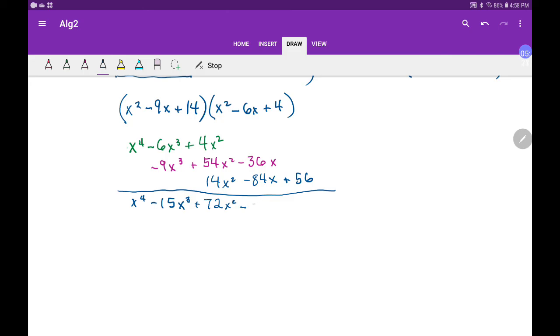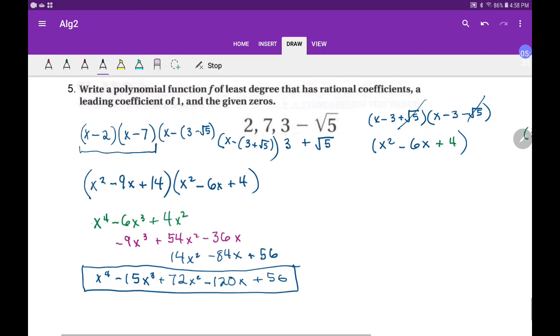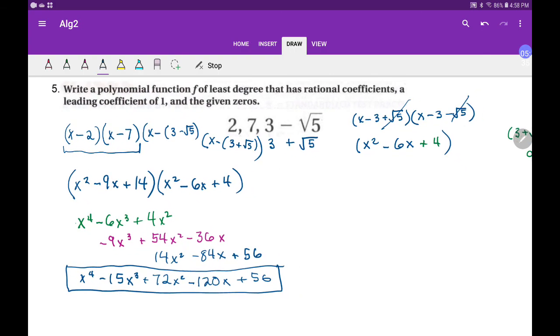Minus 120x plus 56. Okay, so I add them all up, and that's my polynomial, a fourth degree. All my coefficients are rational. No strange business going on. A leading coefficient of 1, and it does have those given zeros, 2 rational and 2 irrational, and no imaginary. That means it hits my x-axis in 4 places.